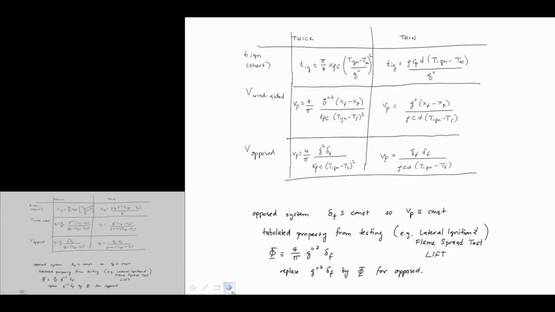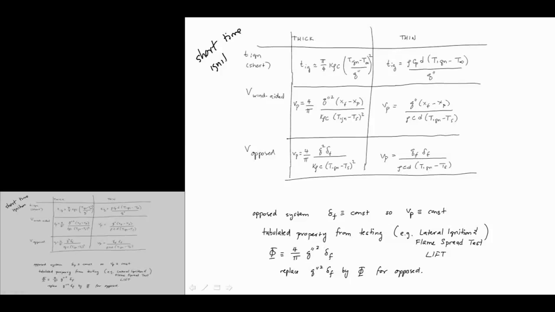Okay, I'm going to summarize this by saying that we're going to use the short time ignition models, so no convective losses. And this is from the last lecture. We know what T ignition is in short time for a thick sample and a thin sample.